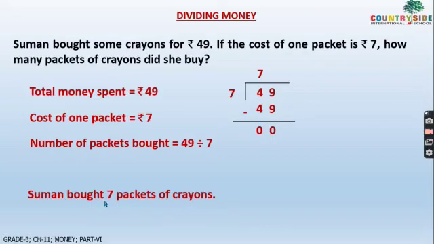In this manner you have to do the division, dividing money. It is very simple and similar to what we have done earlier in division and more division chapters. The only thing is you have to write the rupees and paise symbol.